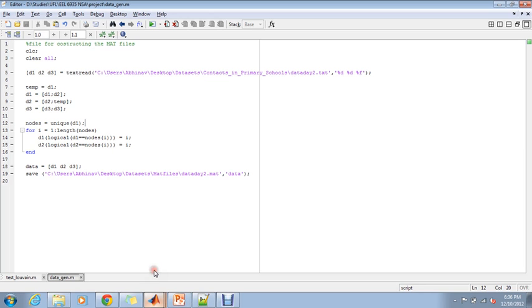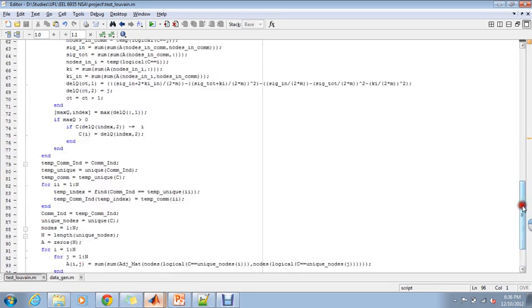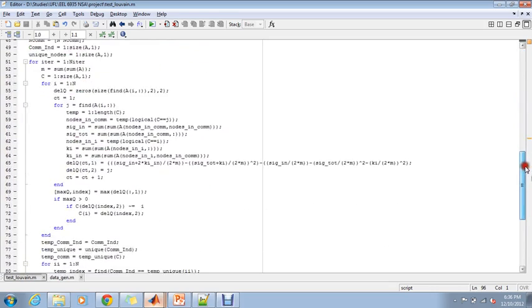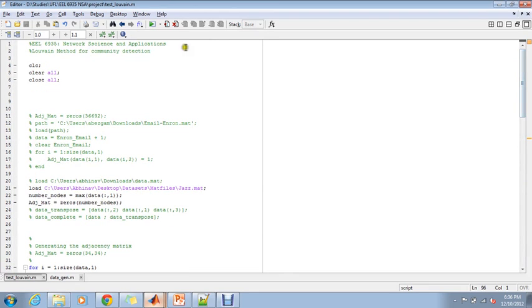And this is one of the MATLAB files which parses the text files and generates the mat files. This is the main code where I have written the algorithms to evaluate the network community structure.